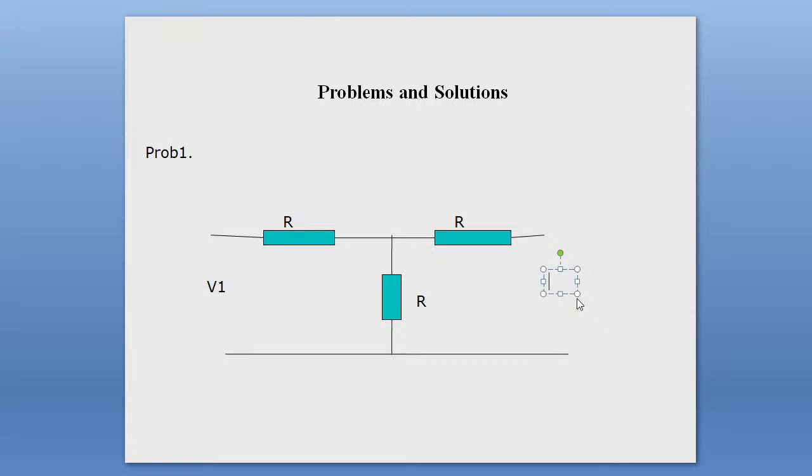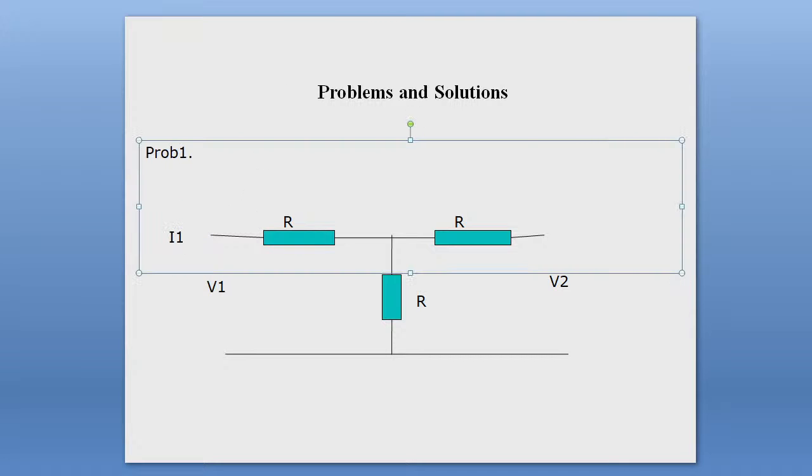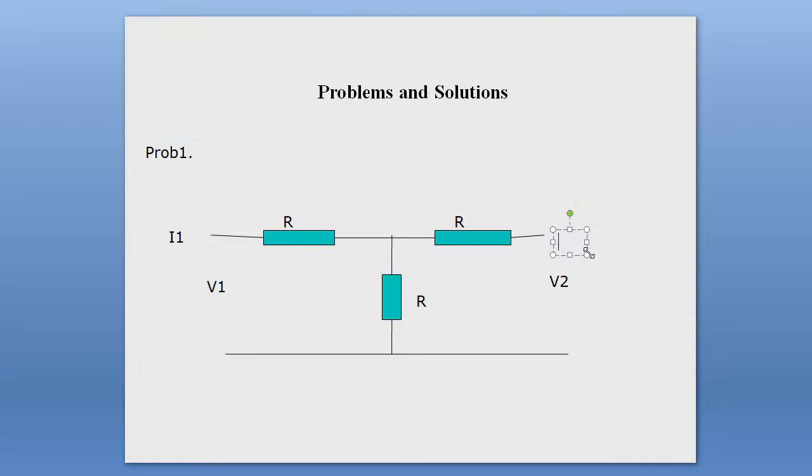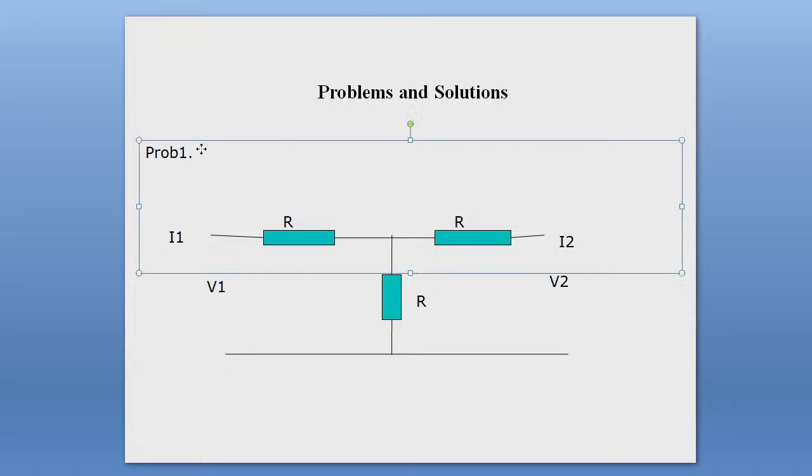So that's why you just write port 1 and port 2 voltages V1 and V2, and you consider the current is I1, and port 2 current is I2. Okay, so this is a two-port network.